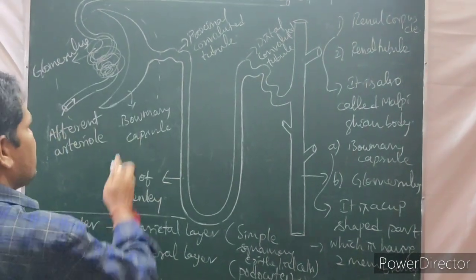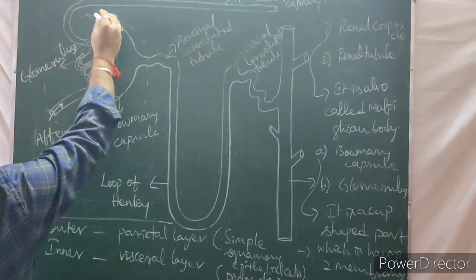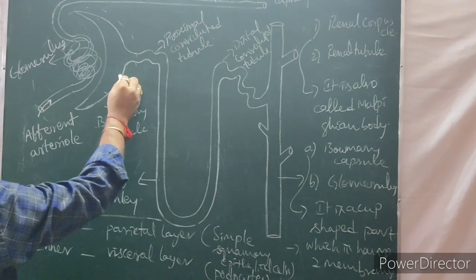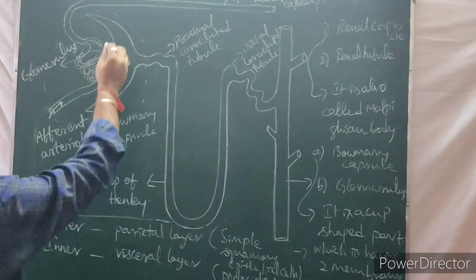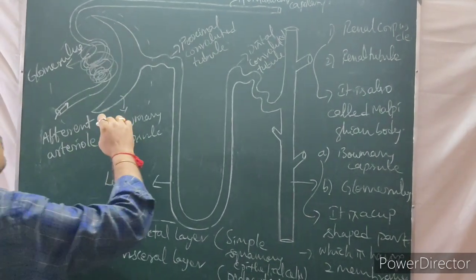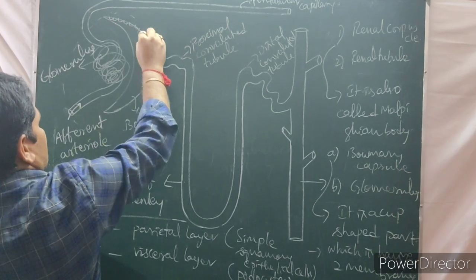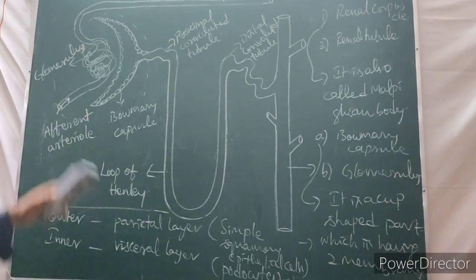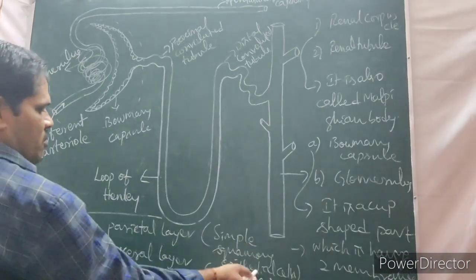So that is the outer membrane. The other one is the inner membrane. See this. The outer part is the parietal layer, made up of simple squamous epithelial cells.